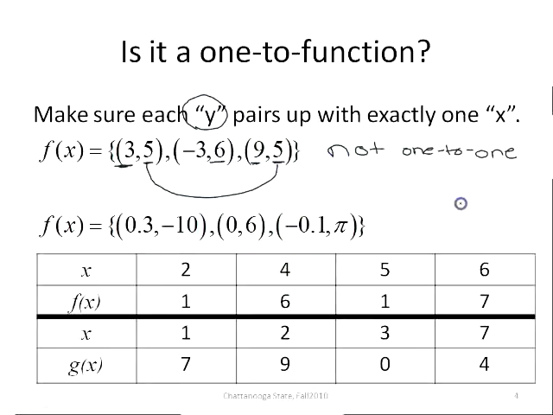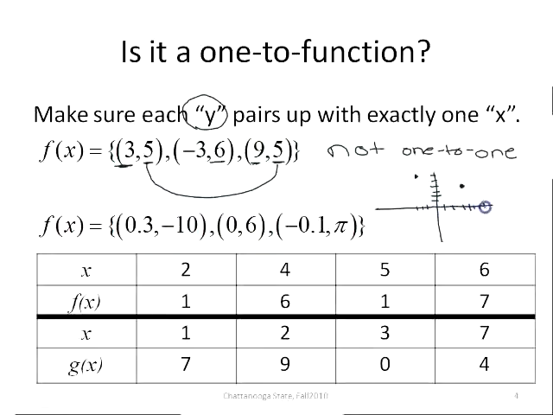This is not one-to-one. Now let me just sketch this graph. The point (3, 5), 1, 2, 3, 1, 2, 3, 4, 5, would go here. The point (-3, 6) would go here.